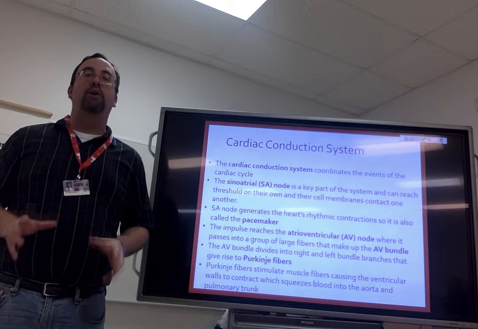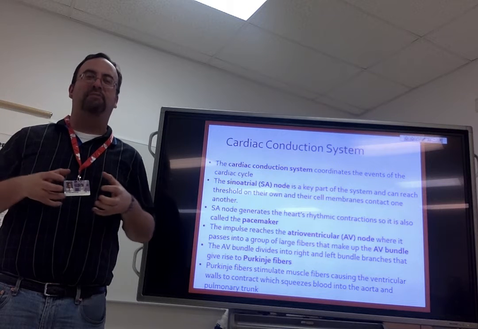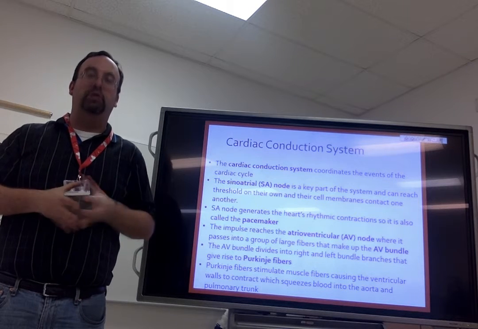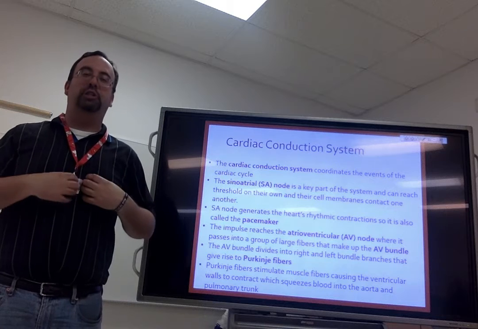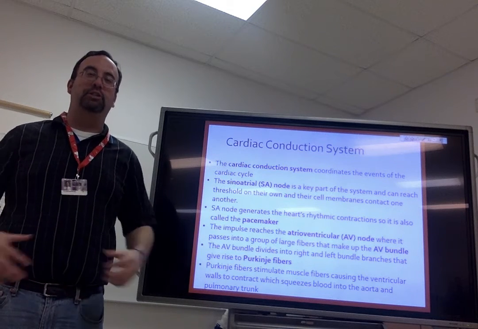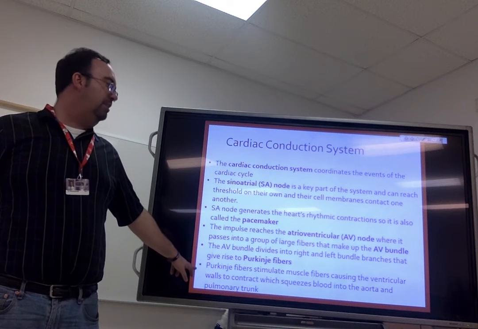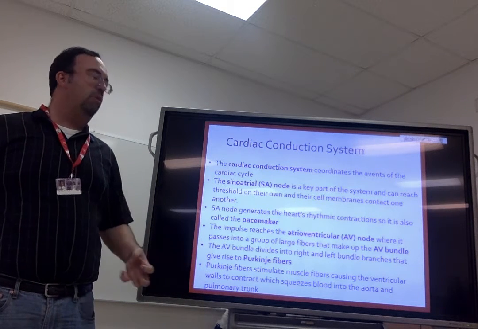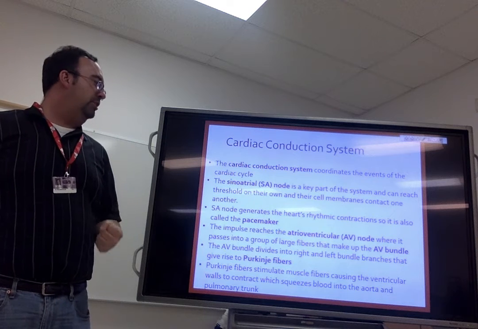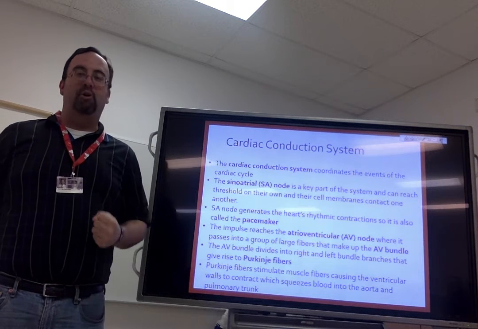Remember, the myocardium is full of that tough, dense muscle that allows for the contraction of the ventricles, which allows you to push the blood through the rest of your body. The Purkinje fibers will stimulate the muscle fibers, causing the ventricular walls to contract, which then squeezes blood into the aorta and the pulmonary trunk.